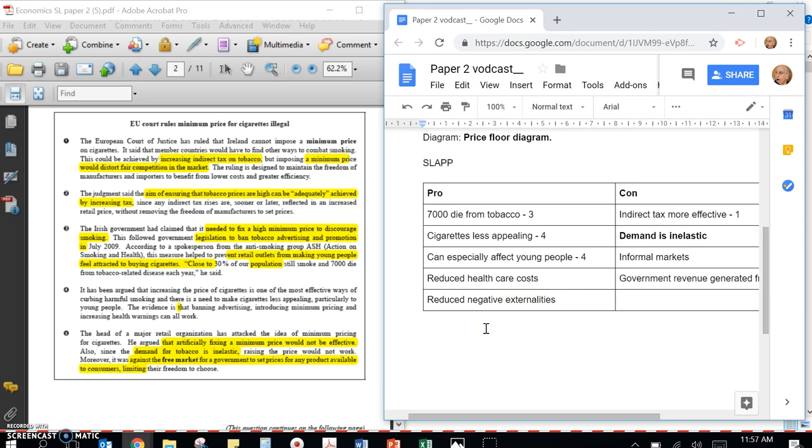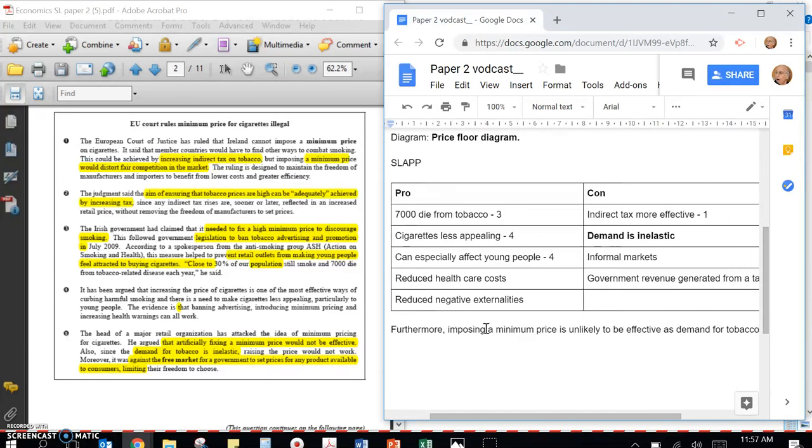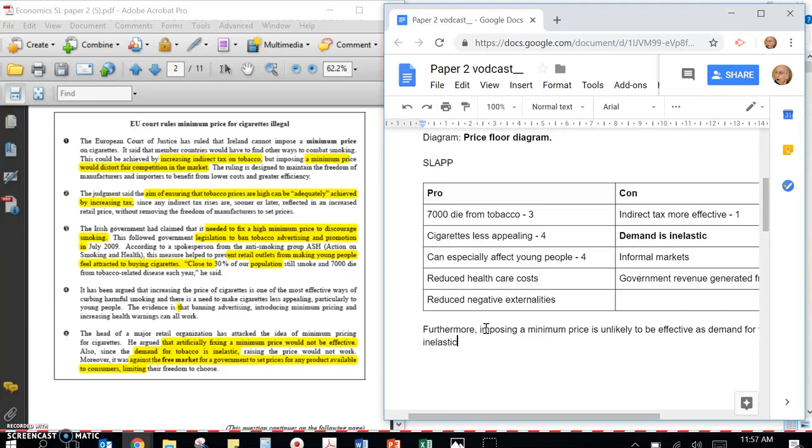A low performing student, someone who's intelligent but hasn't studied the course that well, might write something like this: Furthermore, imposing a minimum... Demand for tobacco is inelastic.